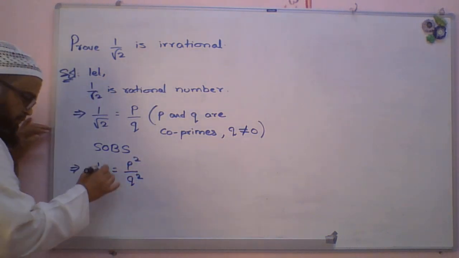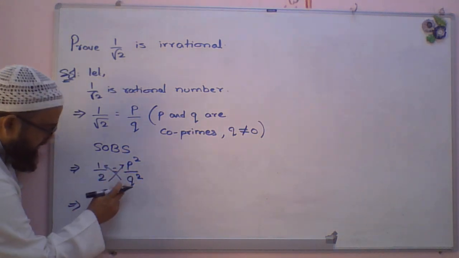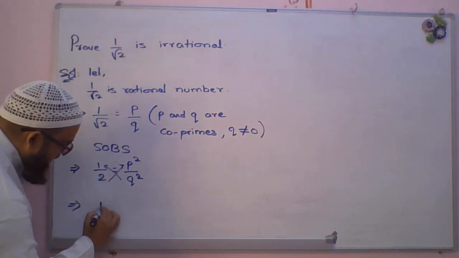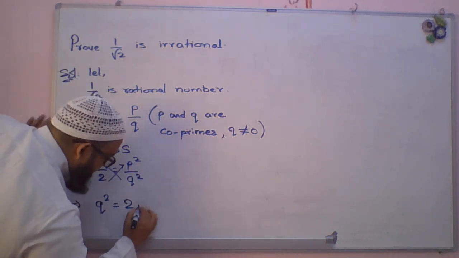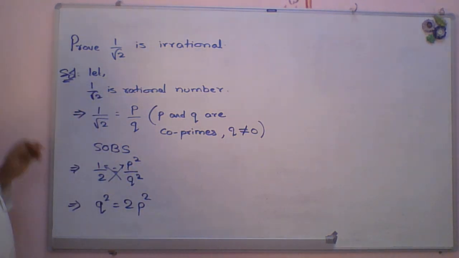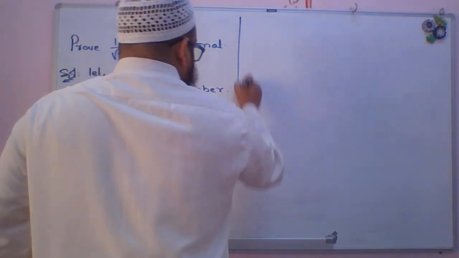And now cross multiply. So when I multiply q square into 1, it will be q square equals 2 times p square. So now by this statement, q square is equal to 2p square. That means q square is divisible by 2. Am I right? So let us write the same thing.